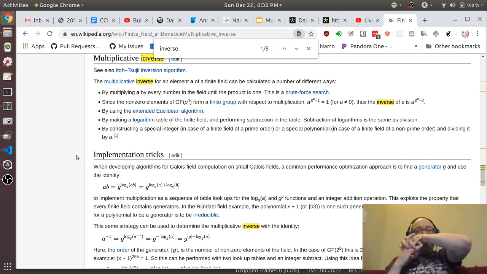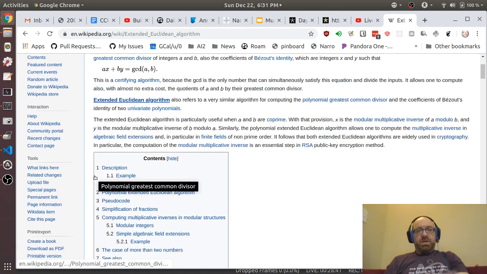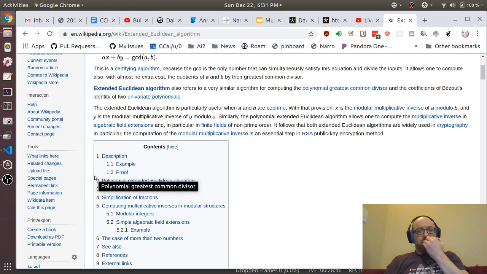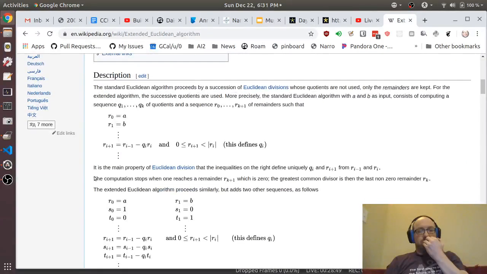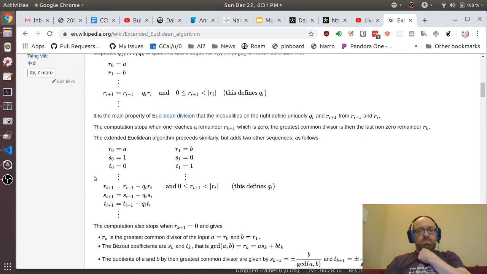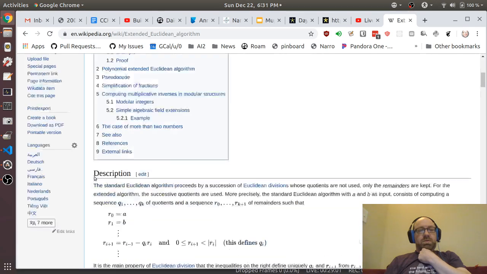Brute force, multiplying a by every number, the extended Euclidean algorithm. Oh, this seems like a pain in the butt.